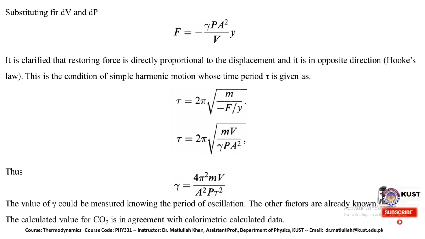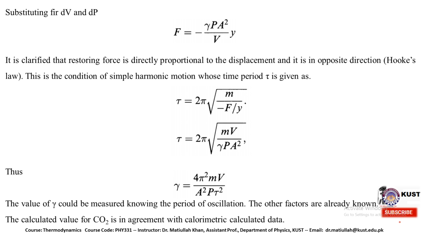So it is very clear from this equation that this is actually the restoring force, and this restoring force is directly proportional to the displacement and in the opposite direction. That is actually Hooke's law, and this is the condition of simple harmonic motion, whose time period is given by T is equal to 2 pi square root of m divided by minus F divided by y.